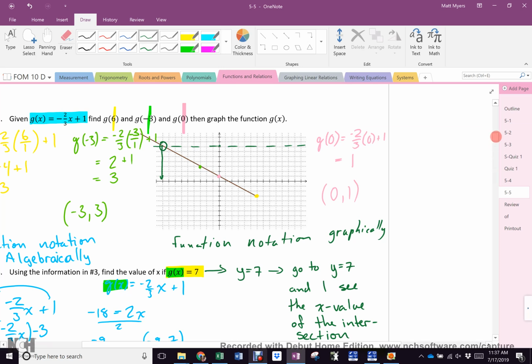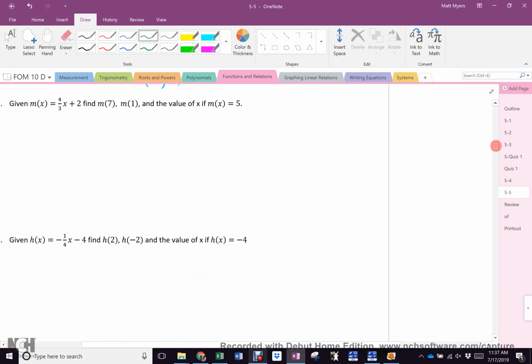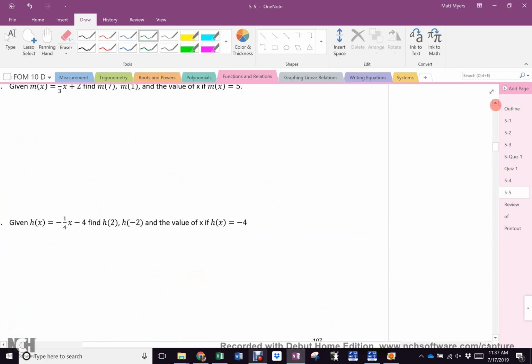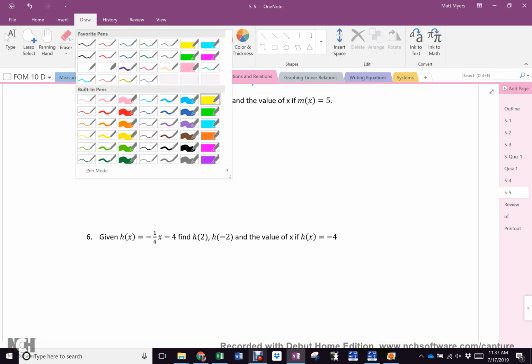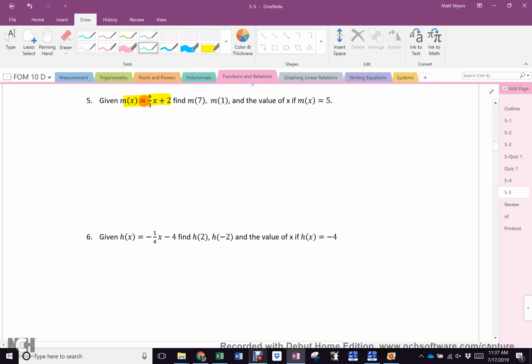We are going to practice 2 algebras first, and then we're going to practice some graphing. So these are algebraic, so I will do them in blue. There is our function. What is the first thing I am going to write? I am not going to write m of x. What am I going to write? M of 7.